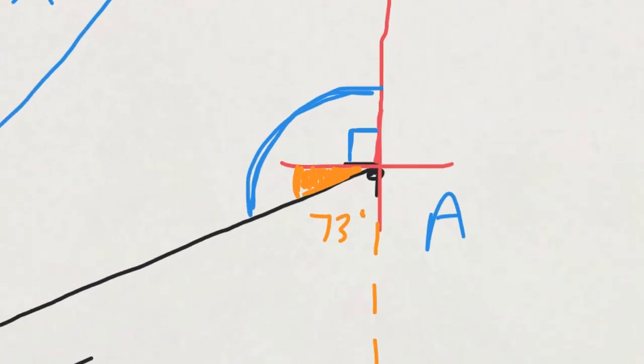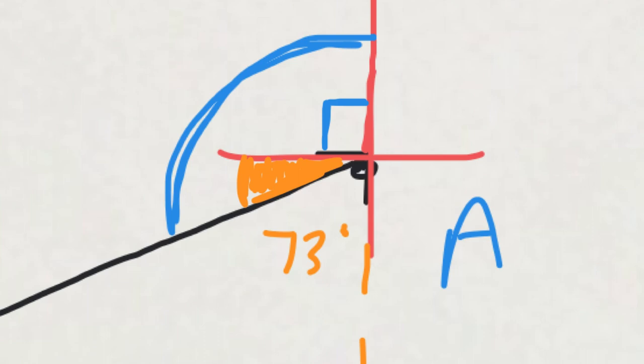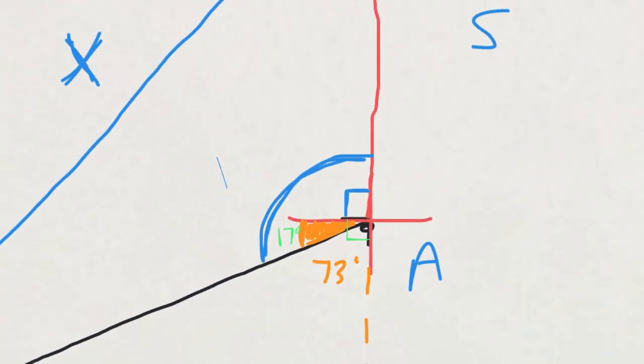Okay, and then once again, right, this is also a 90-degree angle. So 90 minus 73 turns out this is a 17-degree angle right here. So then 17 plus 90, this is a 107-degree angle.